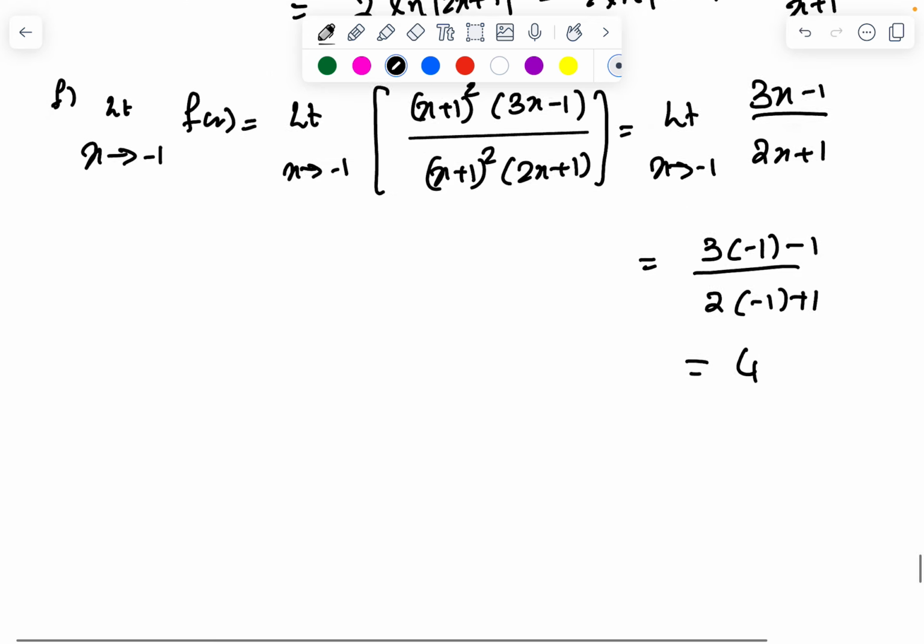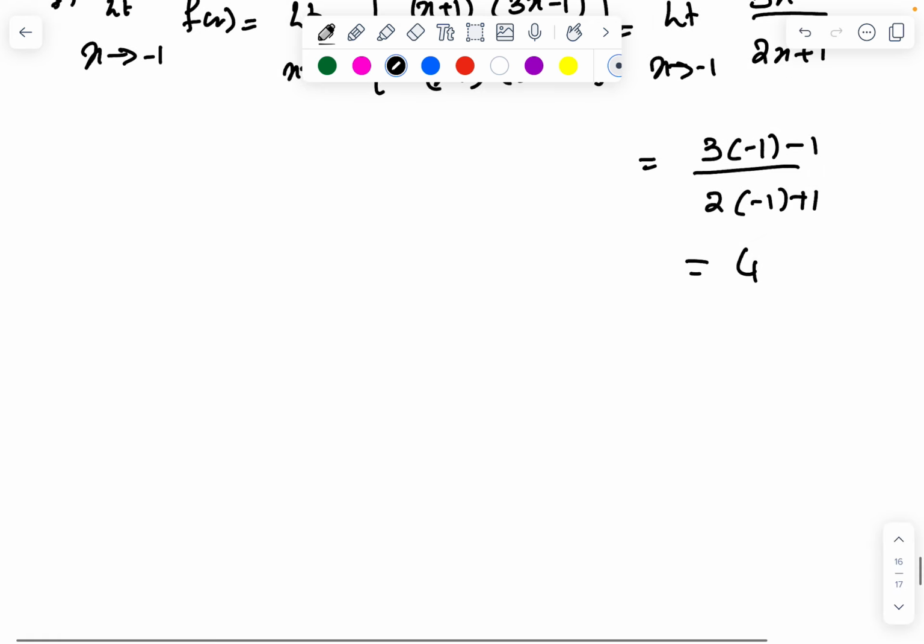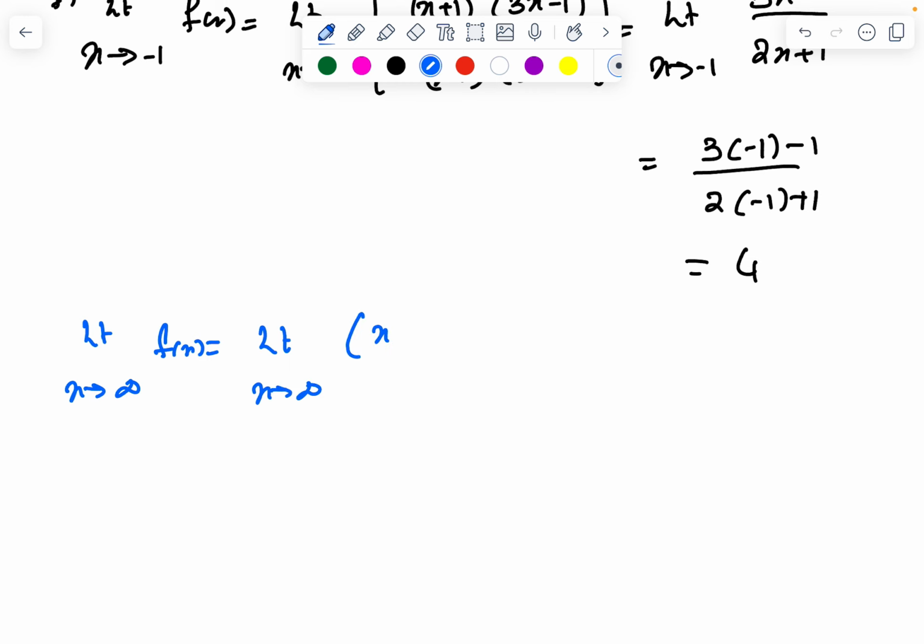Now for part 2. Limit x approaches infinity f of x is going to be limit x approaches infinity (x plus 1) whole square times (3x minus 1) by (x plus 1) whole square times (2x plus 1).